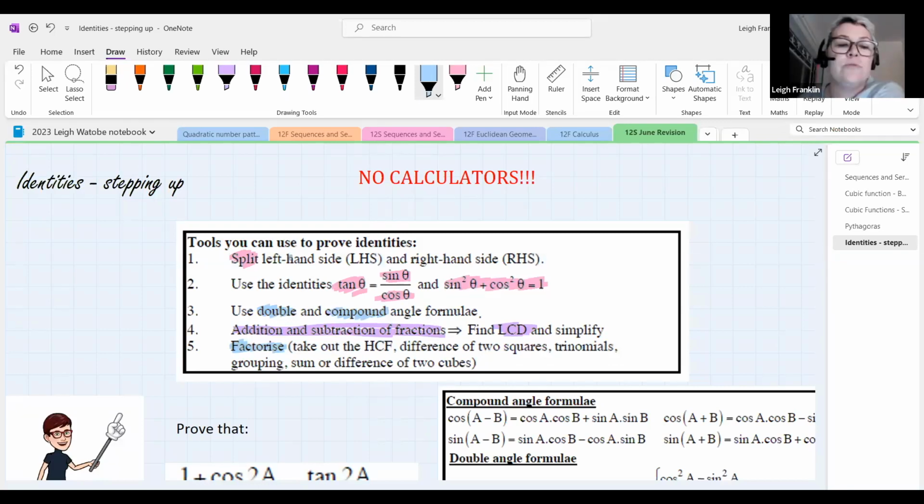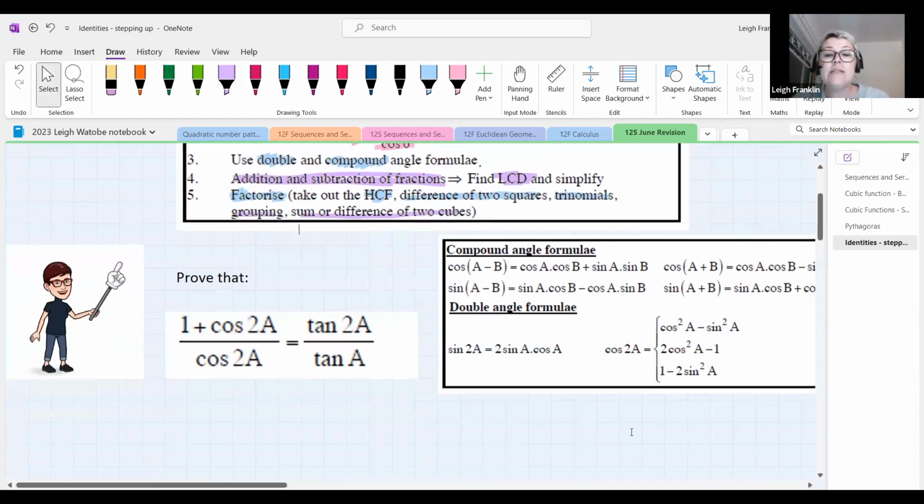So be on the lookout for taking out a highest common factor, difference of 2 squares, trinomials, those are the most common. And then on some very rare occasions, you might see grouping or sum and difference of 2 cubes, but hopefully nothing more hectic than that. Okay, so the compound angle and double angle formulae are here.